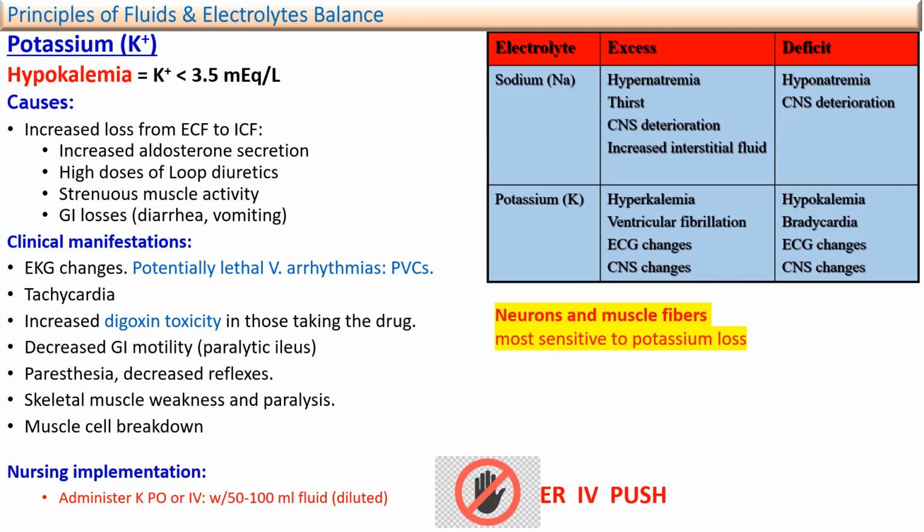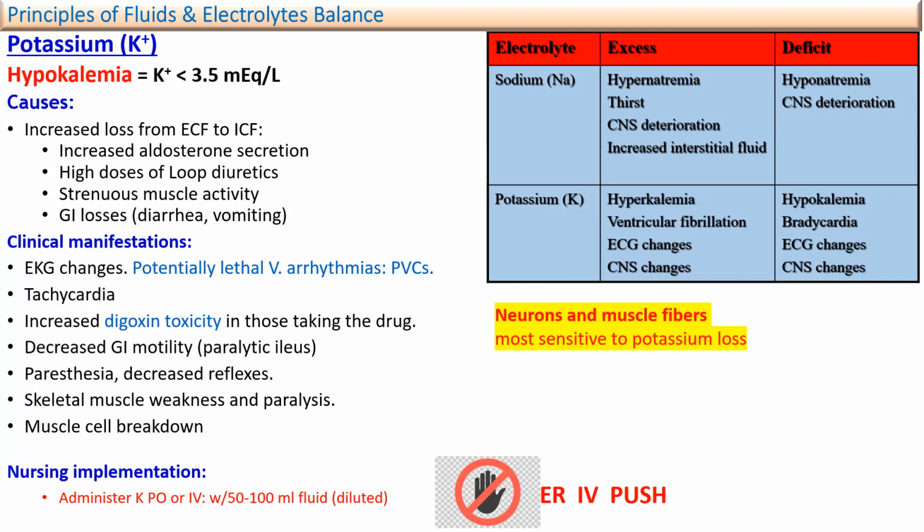And muscle cell breakdown, which leads to myoglobin in the plasma. So lots of myoglobin as a byproduct from that muscle breakdown, in the plasma and in the urine, will have a significant detrimental effect on the kidneys and result in renal failure, or what is called acute tubular necrosis, ATN, or renal failure from the muscle breakdown.